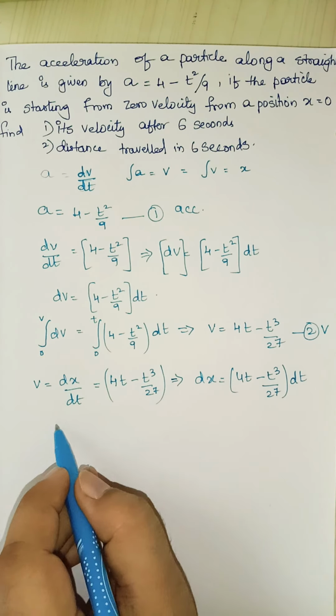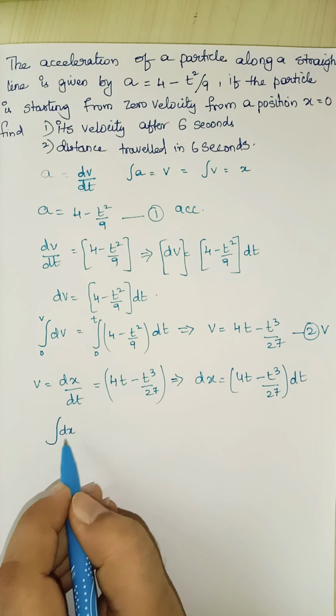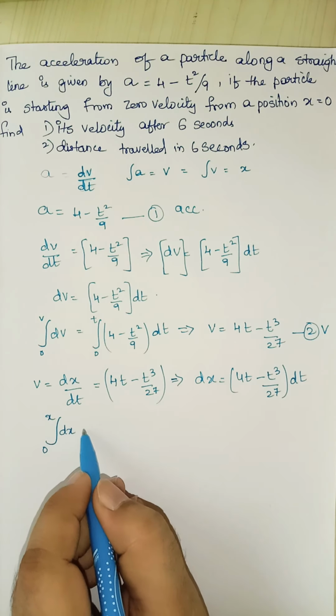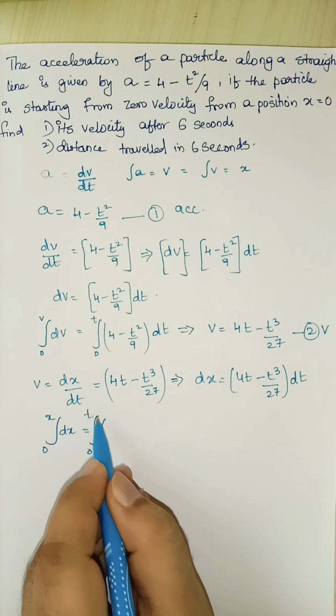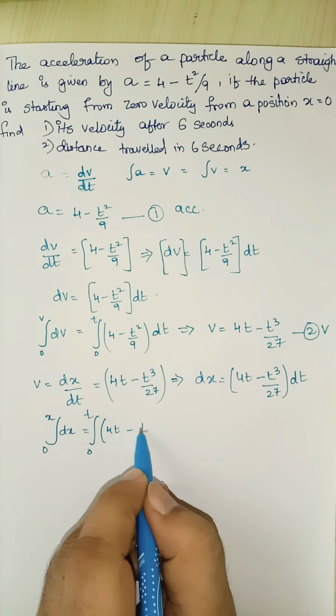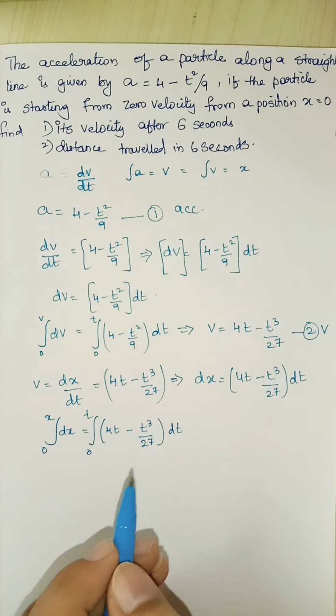Now integrating the same thing again, integral of dx from 0 to x, that is equal to integral from 0 to t of (4t - t³/27) dt.